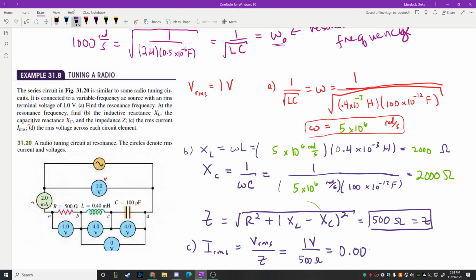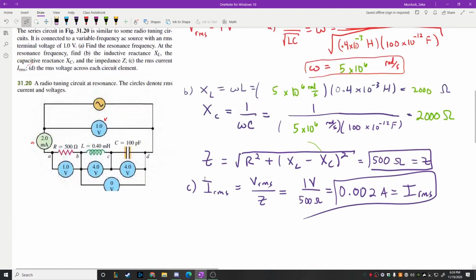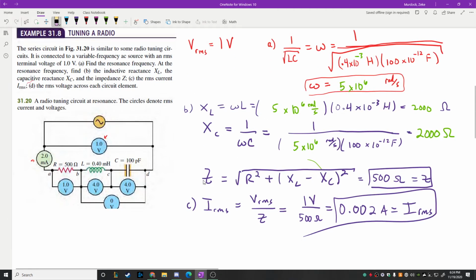Someone else is saying the same thing in chat, which is good. And then the RMS voltage across each circuit element. Okay, so to do this, we just box this like this.